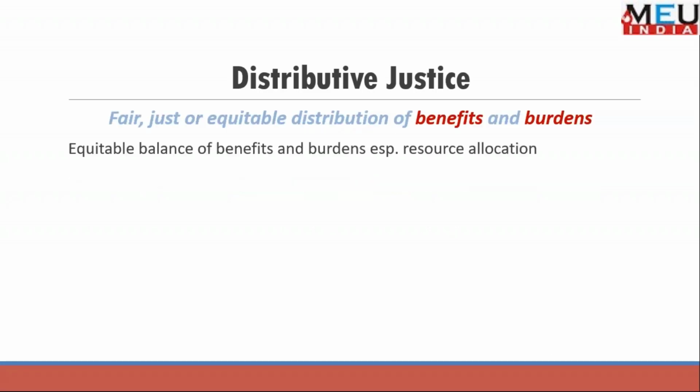So there's an equitable balance of benefits and burdens, and this is with regard to resource allocation. Now, Munson put out four principles for distributive justice, and we'll go through this one by one.